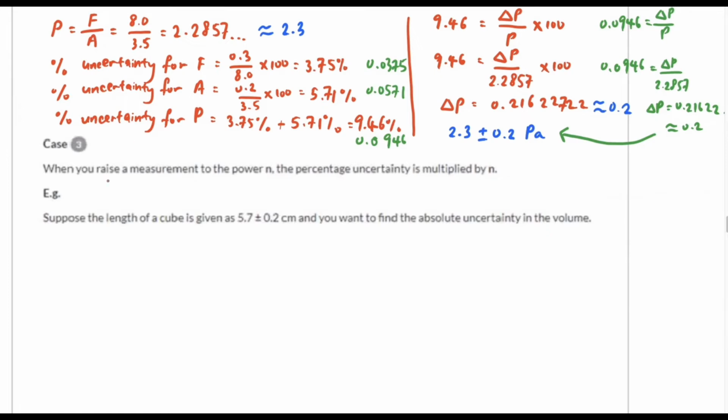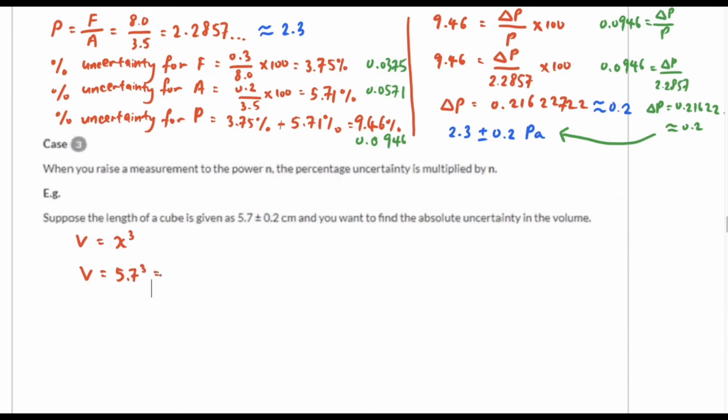So it's a cube, so we know that volume equals the side to the power 3. You find the volume first, the calculated quantity. So 5.7 to the power of 3.